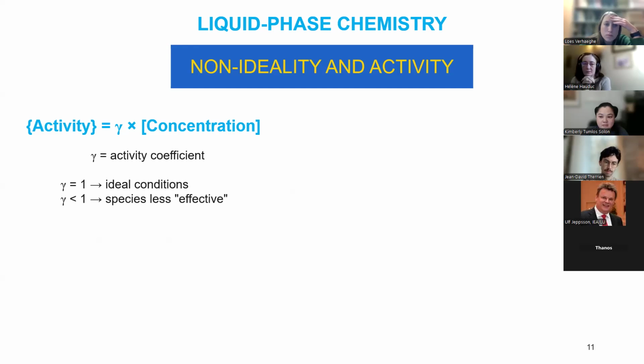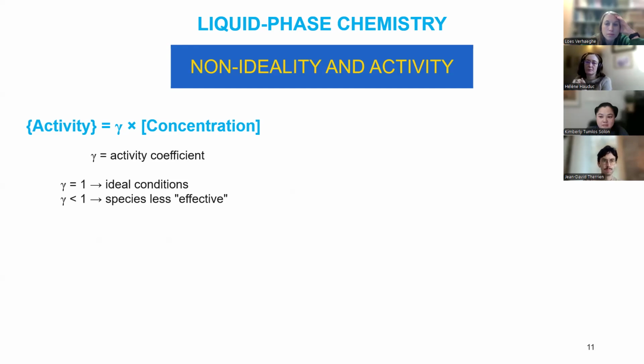It's like a correction factor for the non-ideal solution that we have. If we have pure water, then our activity coefficient will be equal to 1. But since we work with wastewater, we know that we don't have ideal conditions. And we have to always use this correction factor, or activity coefficients.